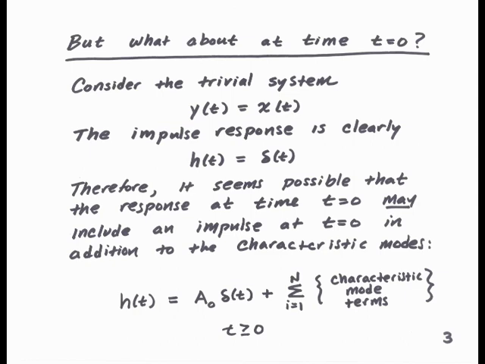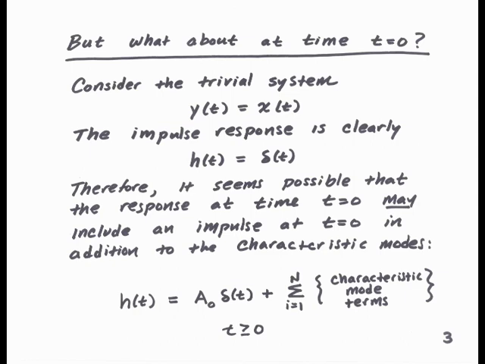So it seems possible that the response at time t equals 0 may include an impulse at t equals 0, in addition to the characteristic modes. So we write the following: h of t equals a0 delta of t plus the sum of the characteristic modes.